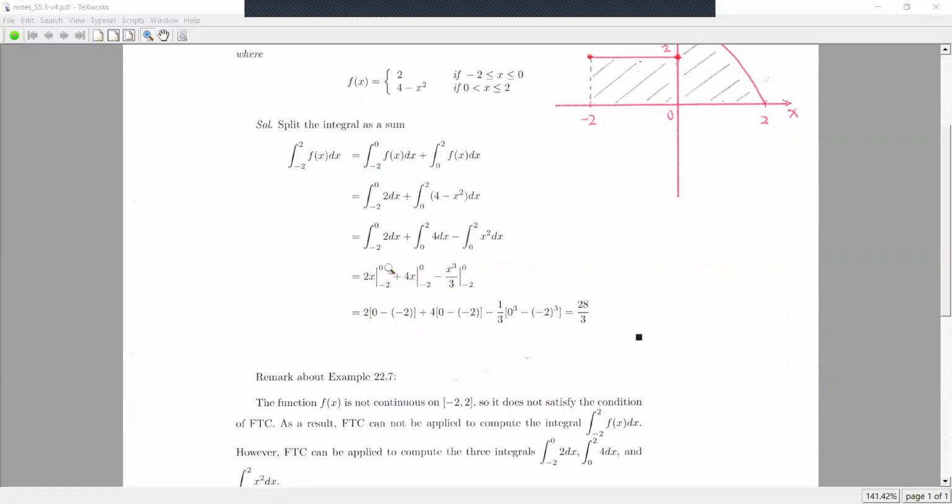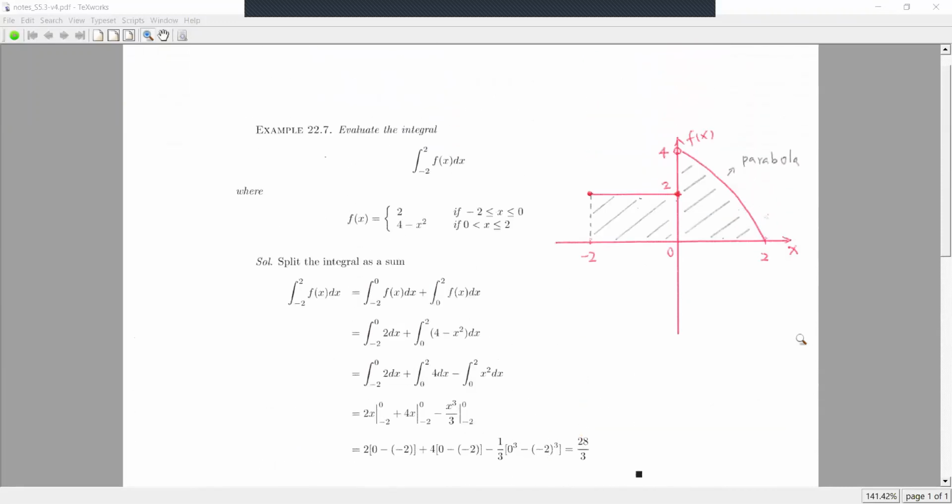Now plug in 0 and 2 for x, and plug in 0 and negative 2 for x, and similarly for the last one. Using a calculator, we get 28 over 3. So the area of this region is 28 over 3.